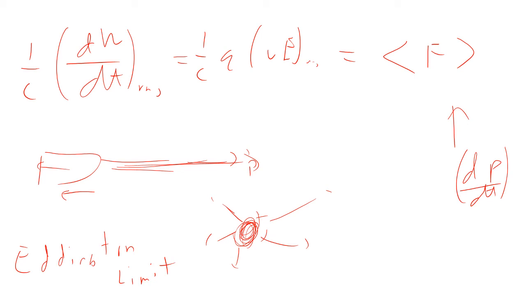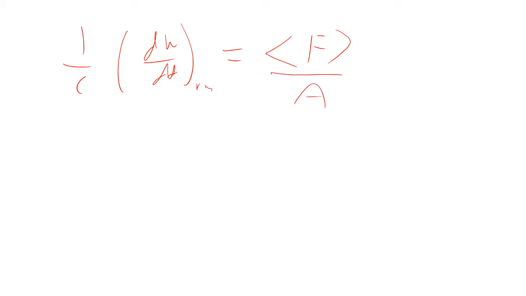I'll just use a term there, light pressure, because what we've got here is 1 over c, the rate of change here, RMS equals the average force, but force over area is pressure. Remember this, force over area is pressure.